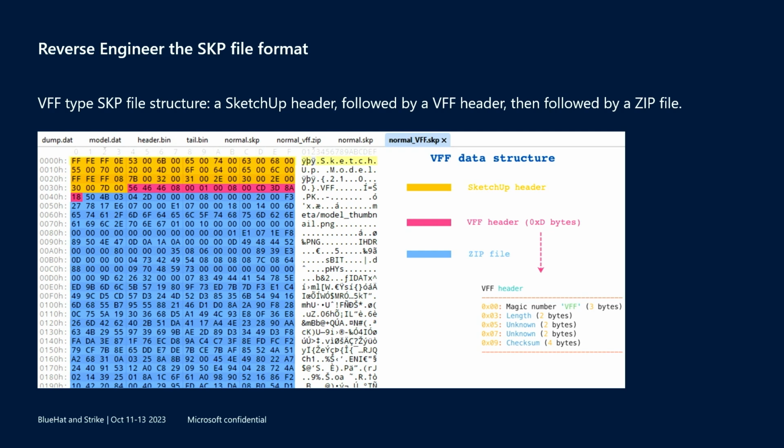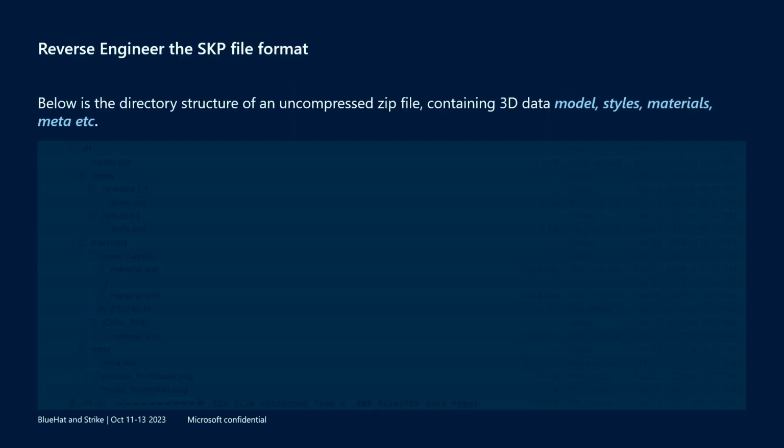The length field indicates the length of the remaining VFF header, and the next 4 bytes are currently not identified, possibly serving some other specific purpose. The VFF header ends with a checksum field. I will talk about how the checksum is computed later. Okay, let's move on to the next slide.